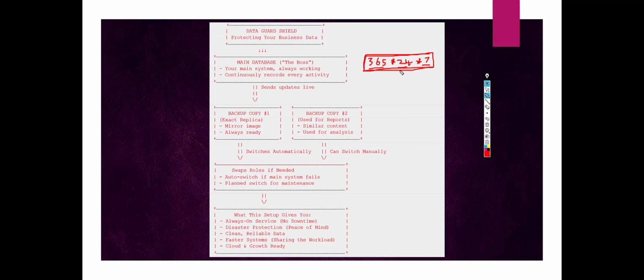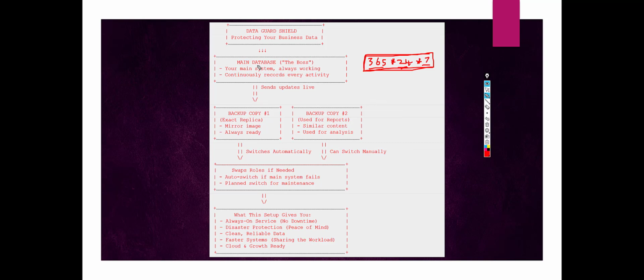No one can guarantee that a particular hardware can run continuously 365 days, 24/7, right? Any product or any tool that we use, they tend to fail at some point, right?